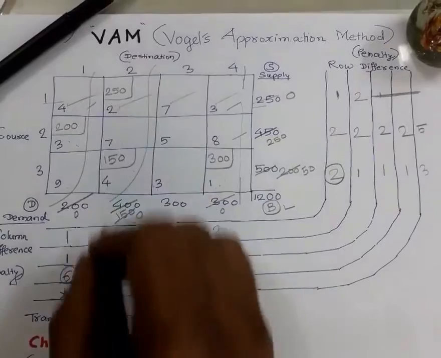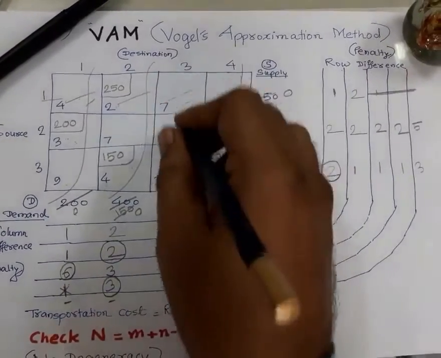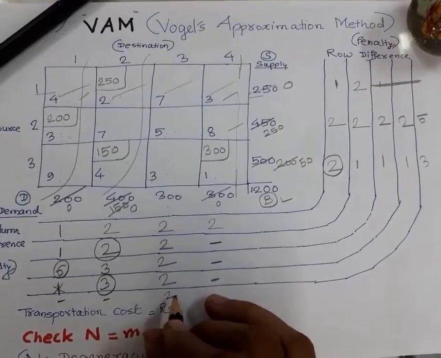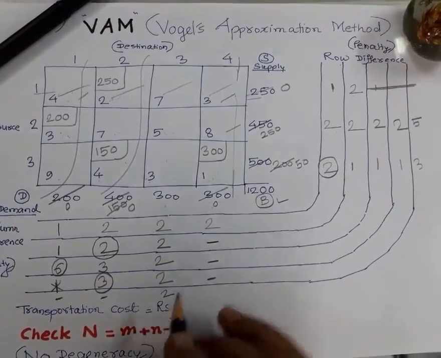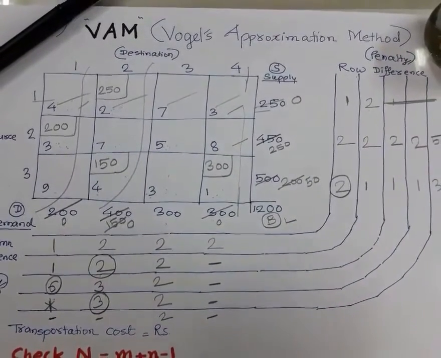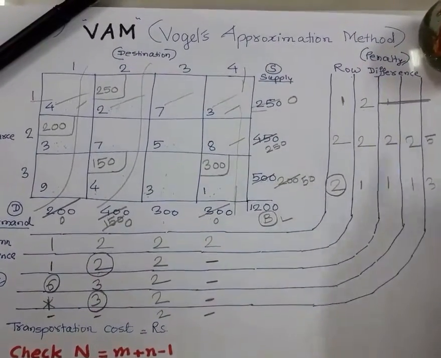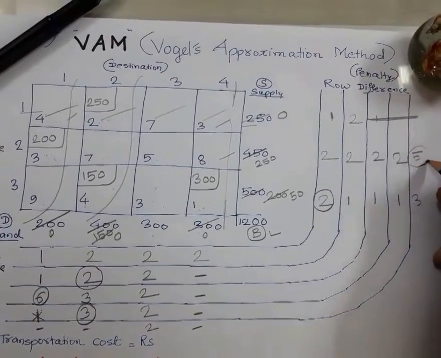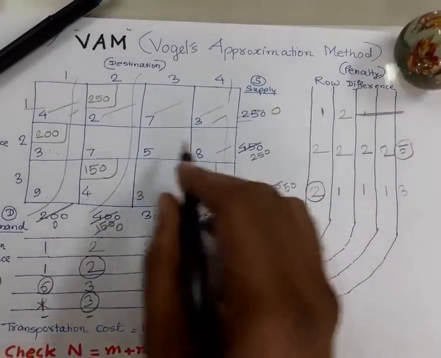First column, second column, no allocation. Third column, 5 minus 3, this will be 2. Now see here, this is already deleted. Fourth column is deleted. Now see, 5 is the largest penalty. Select 5 here.